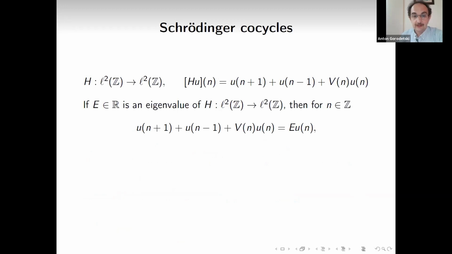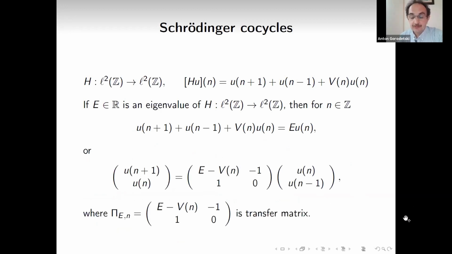Okay, so if we have this Schrödinger equation, we can try to find eigenvalues. Eigenvalues do not always exist. This is an infinite dimensional case, but nevertheless, if an eigenvalue does exist, then we must solve this difference equation.